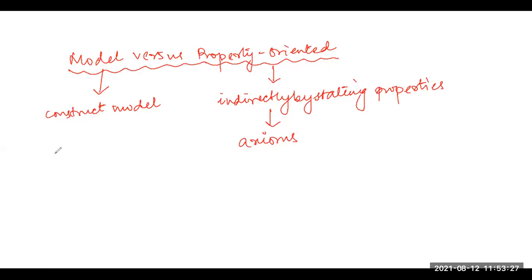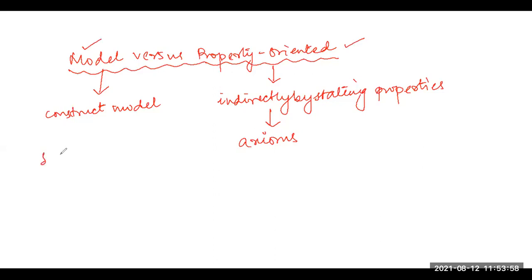So this was the main concept about model versus property. And if I talk about which one is suitable, from the requirement specification point of view, the property oriented approach is more suitable. And if I talk about the system design specification view, then definitely the model oriented approach is more suitable.